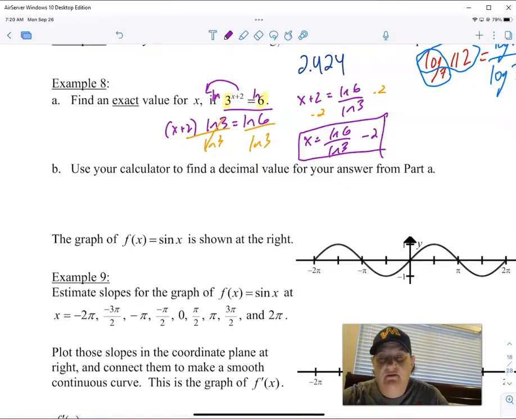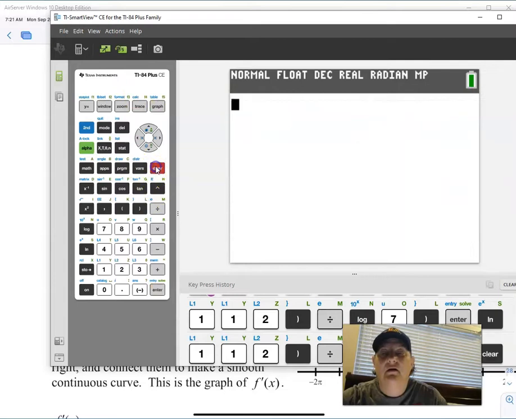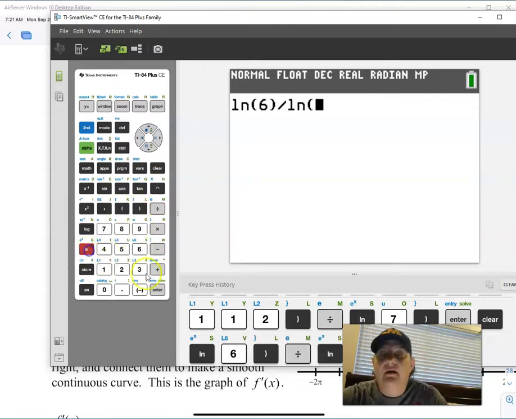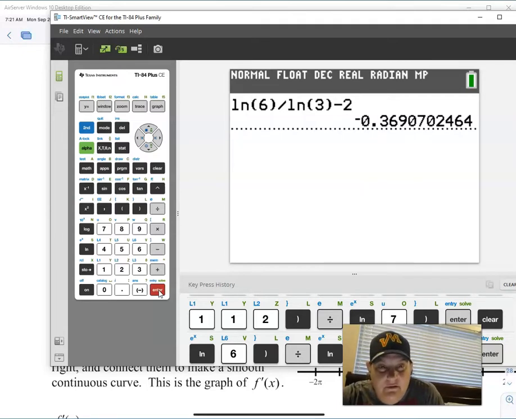So if I go ln 6 divided by ln 3 minus 2. Okay, and that's what I get for my answer. Negative 0.369.